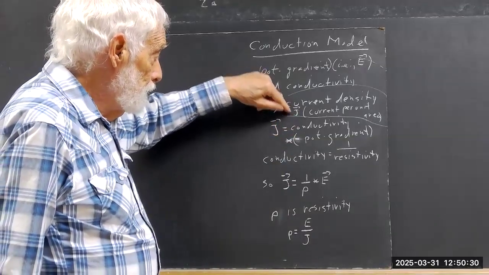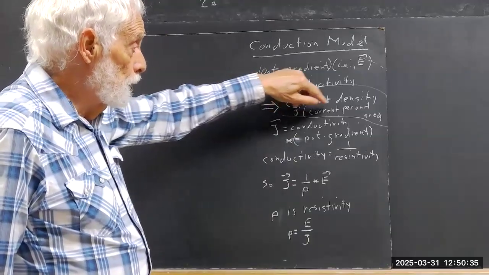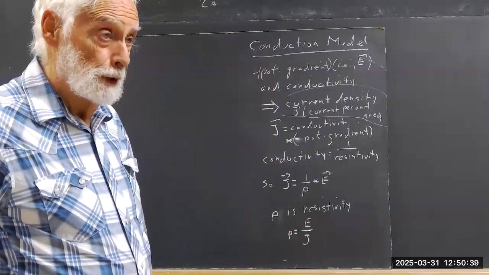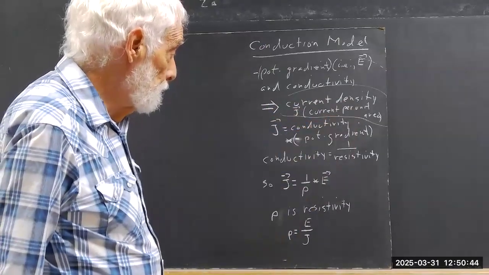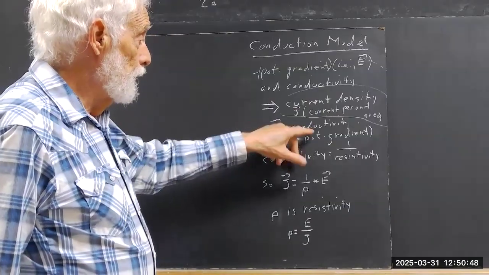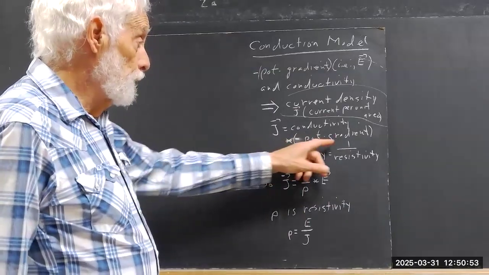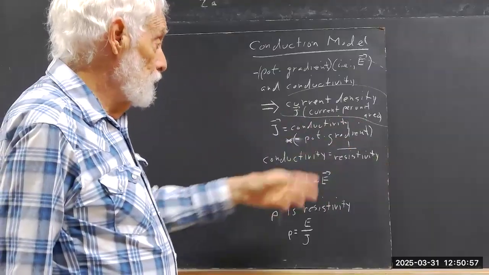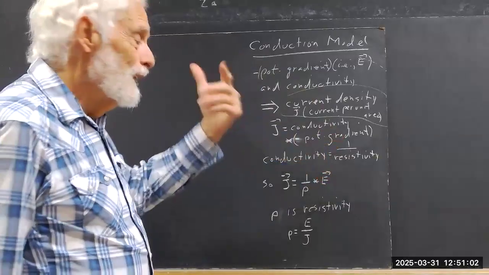Current density is generally represented by the symbol J, which is current per unit area, perpendicular to an area. I didn't mention the perpendicular, but that should be critical. So it's equal to conductivity times the negative of your potential gradient. The potential gradient has a direction in space, because at this point you know what a gradient is in three-dimensional space.